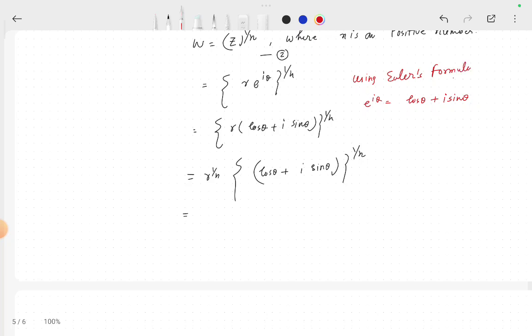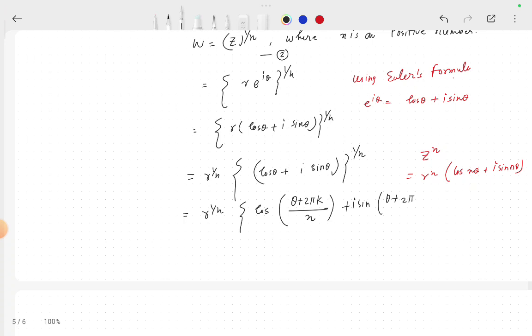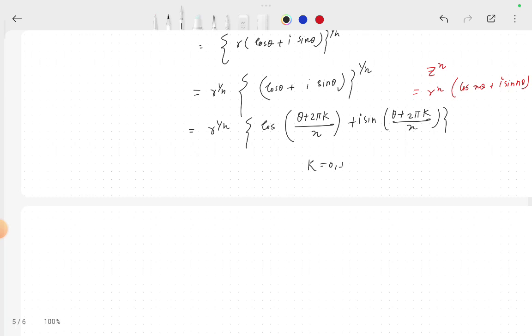Euler's formula. Now we apply de Moivre's theorem, that is z to the power n equals r to the power n (cos nθ + i sin nθ). Applying this here, z to the power 1/n equals r to the power 1/n (cos((θ + 2πk)/n) + i sin((θ + 2πk)/n)), where k is 0, 1, 2, 3 up to n minus 1.